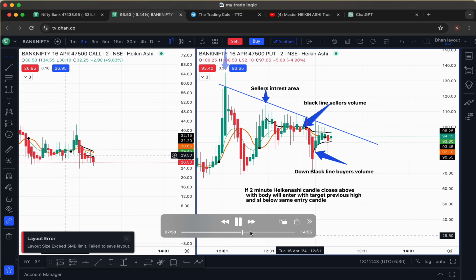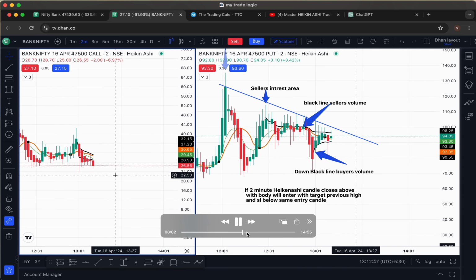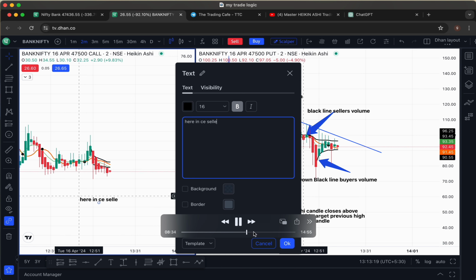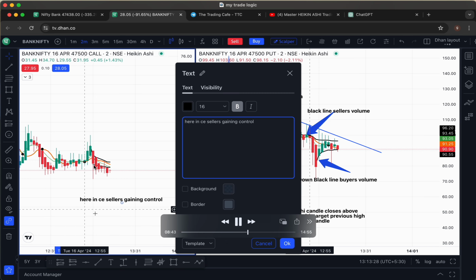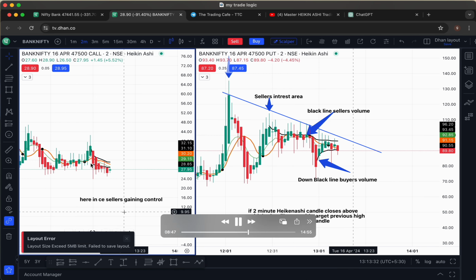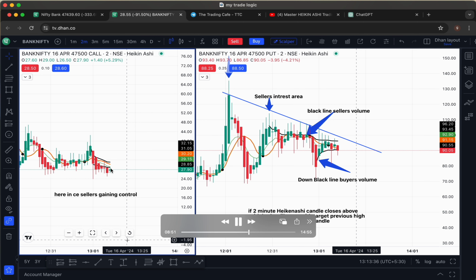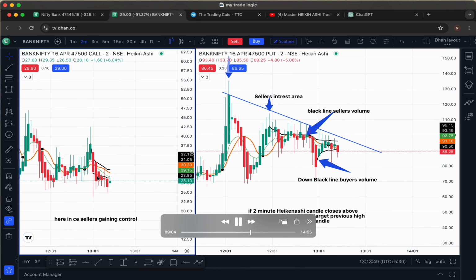So let's see now. You can see very clearly over here, in the CE also, this is the sellers' volume, and this down is the buyers' volume. Here we can see that the buyers' volume is also very less, because these candles are below that.